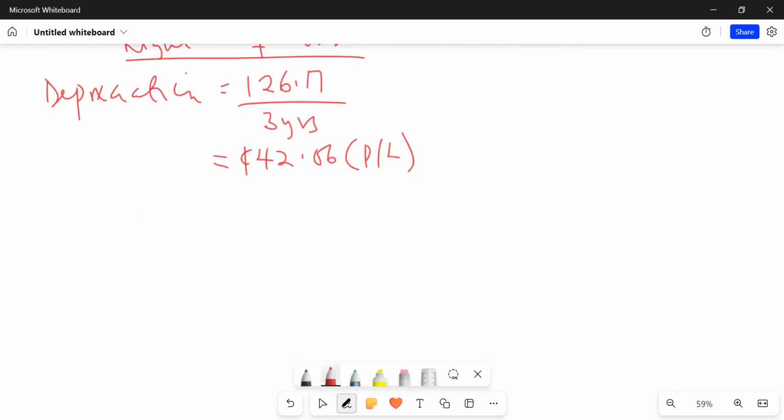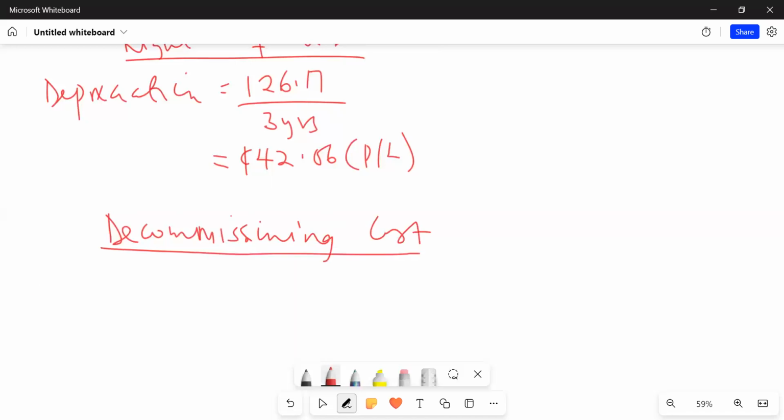Okay. What will happen? We also have to account for the decommissioning cost. The decommissioning cost was at present value, so at the end of every year, we increase it. We calculate the finance cost, or the unwinding element.